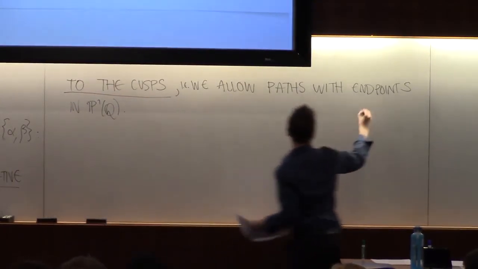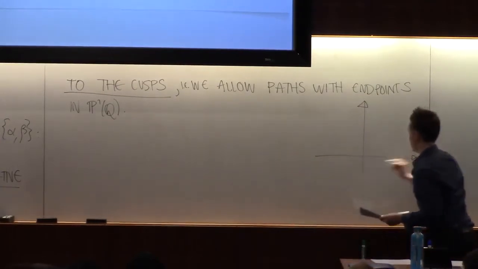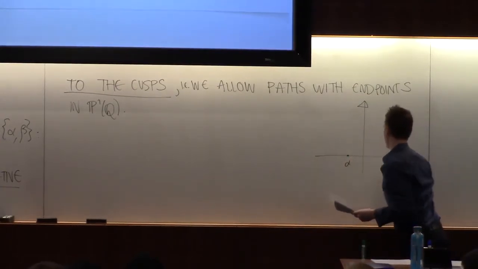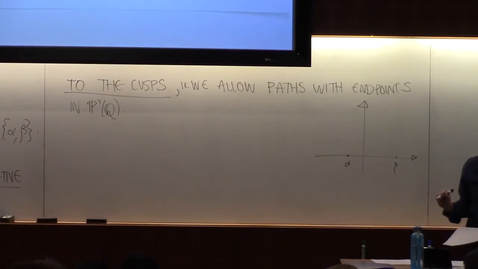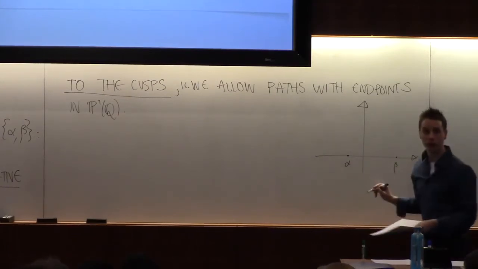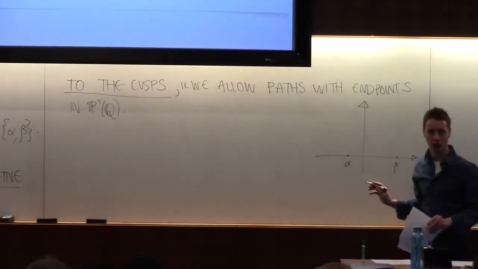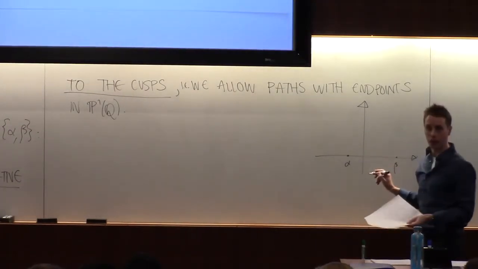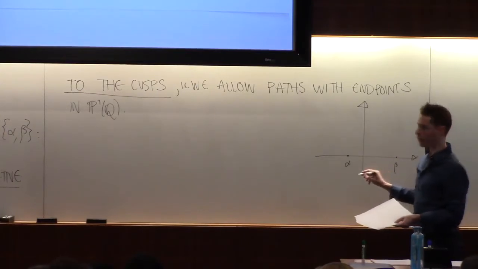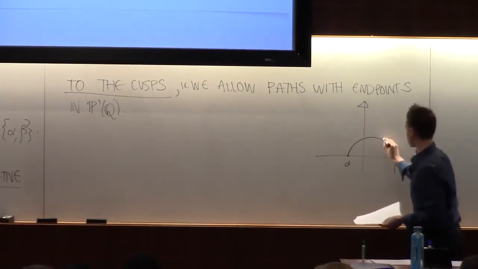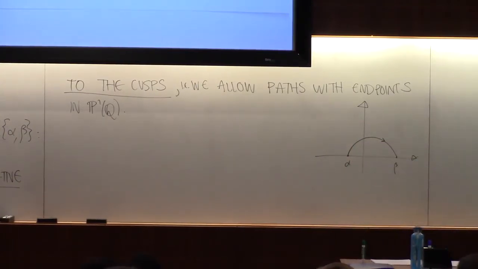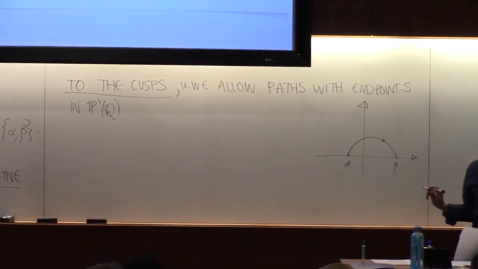Well, if I were to draw a path in the upper half plane between my alpha and beta, of course, one of these could be infinity, but this is the generic case. There are lots of ways of drawing paths from alpha to beta. That's the content of the word homology class, okay? There is a favored one. It's called the geodesic.